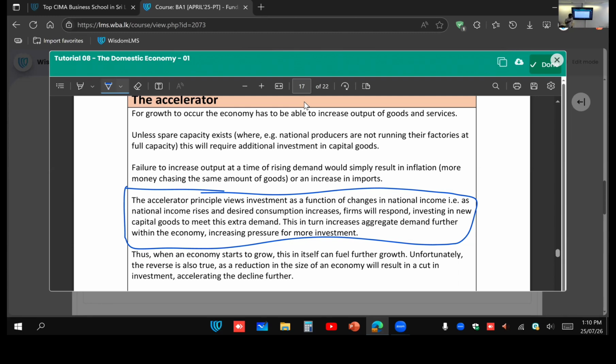The accelerator principle views investment as a function of changes. Now we know several components. Imagine investment increases, right? Think of whatever company, investment to this company, investment to this industry increases. So what are the changes that would happen afterwards? When investment increases, ultimately national income increases.